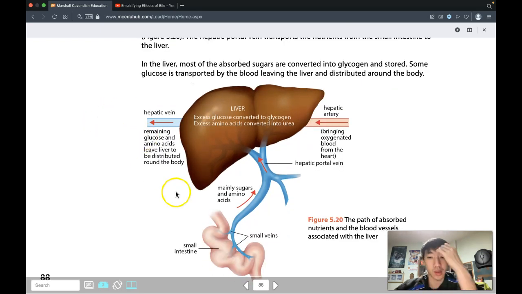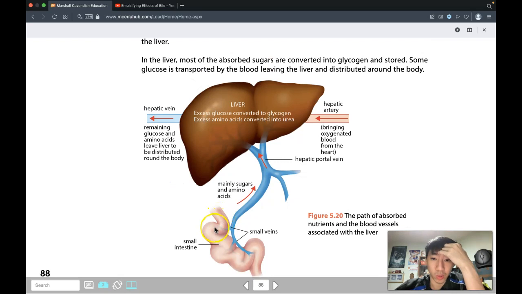Okay, let's look at it. So this is our small intestine. The small intestine is not floating randomly in your body, right? It's actually connected to all of these small veins over here. And then these small veins will carry your sugars and amino acids all the way and combine with all the other parts, forming this thing called the hepatic portal vein.